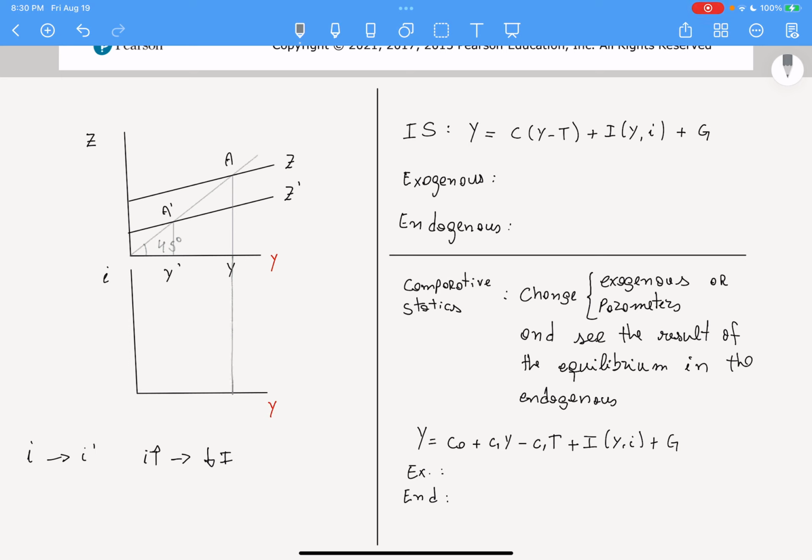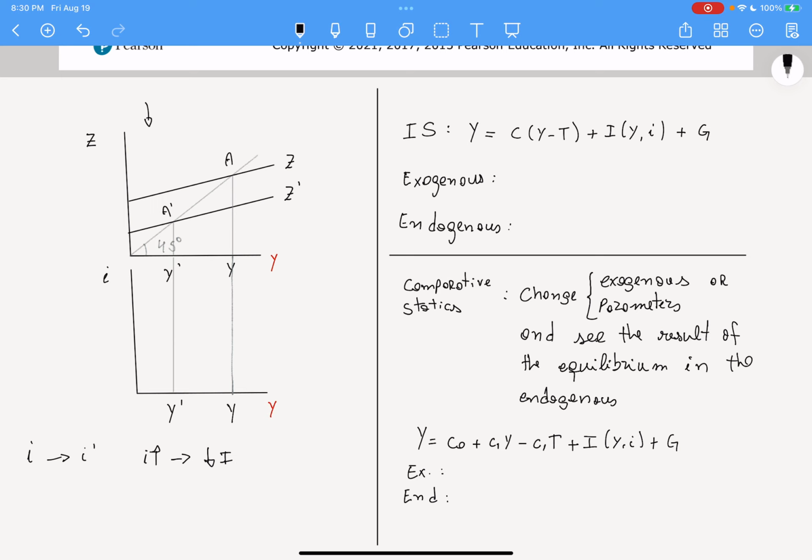Let's make the x-axis match. Oh, sorry. Much better. So we have here Y and Y prime. They are the same Y and Y prime as in the demand schedule in the first graph here.